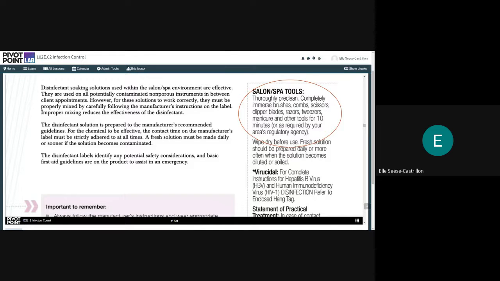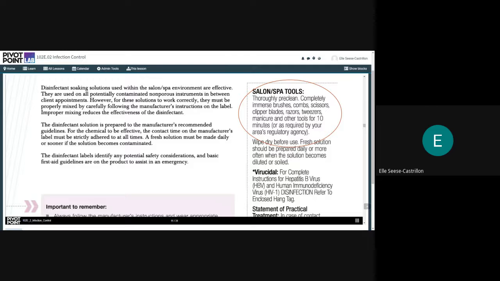These are used on all potentially contaminated non-porous instruments in between client appointments. However, for these solutions to work correctly, they must be properly mixed, carefully following the manufacturer's instructions on the label. If you mix these disinfectants improperly, the effectiveness of disinfecting the product is not going to be up to par.